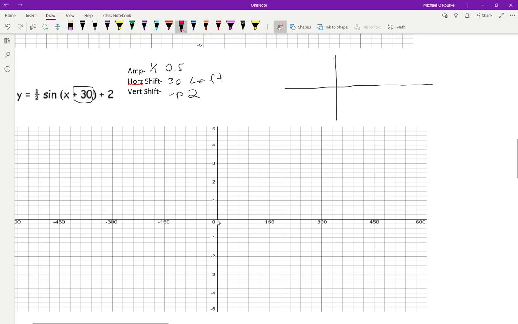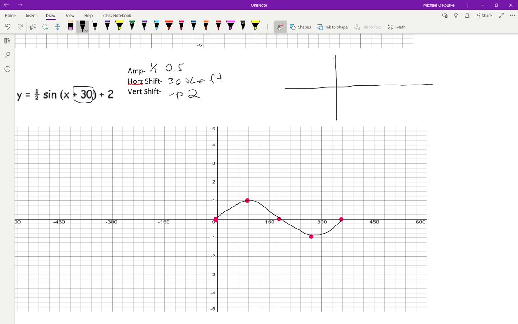So I put a dot at 0, put a dot at 180, put a dot at 360, right here. Then I'm going to go 90 in, go up to 1, go 90 in from here, which would be 270, and go down to 1. Part of the reason I keep doing this is to reinforce how to graph. So here's our parent formula.